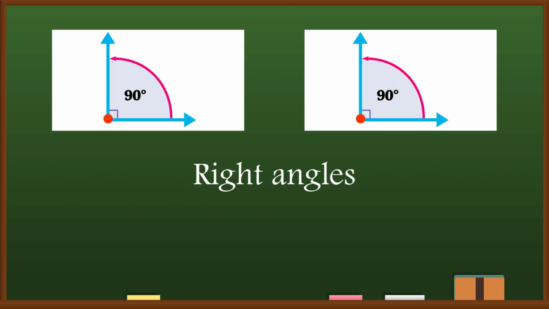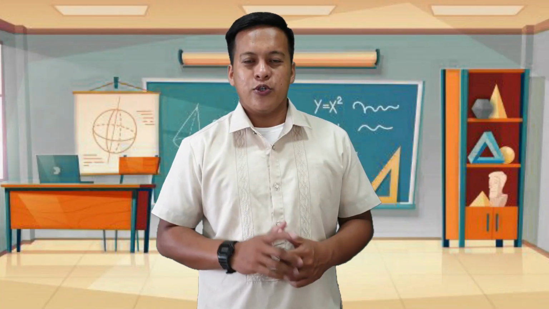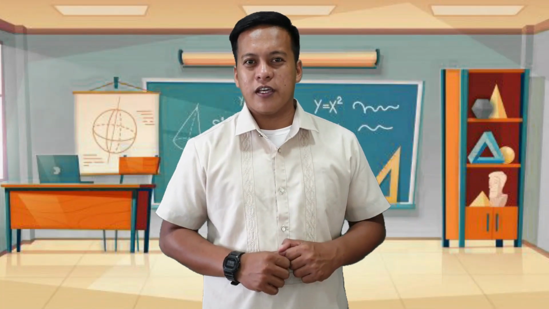What about if two angles are right? How do we describe them? Okay, if two angles are right, then they are congruent. You did a good job in our activity.